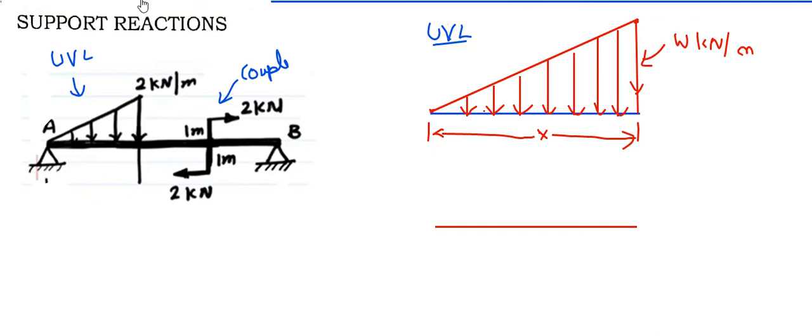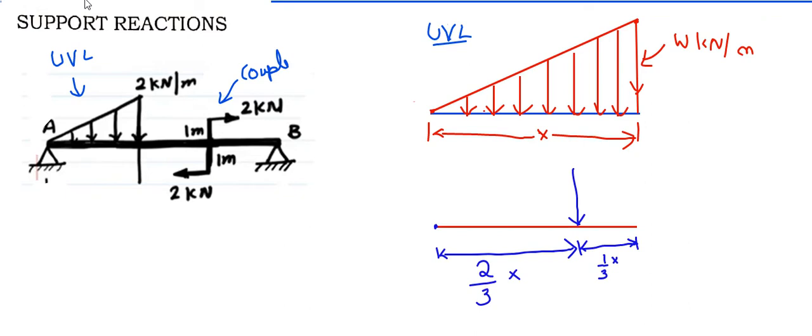But in UVL, this is a point load, and it will always be at 1/3 of the total length from the largest load section, and 2/3 of the length from the 0 load condition.